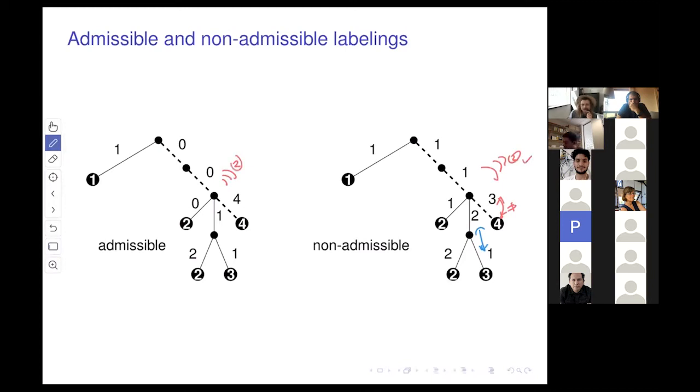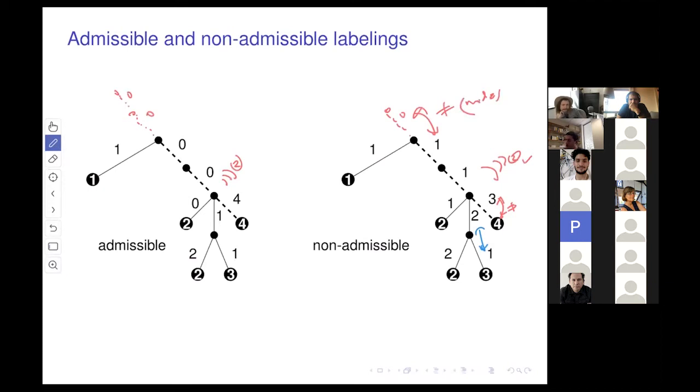Maybe there's some subtlety in the definition which I didn't quite explain. You should imagine that this continues on with labels 0. And if you imagine that this continues on with label 0, then we have a problem here because these are distinct mod 2.